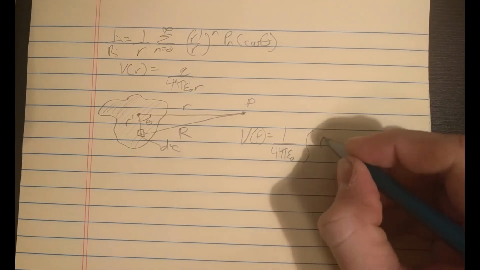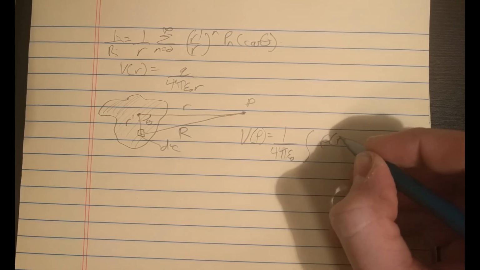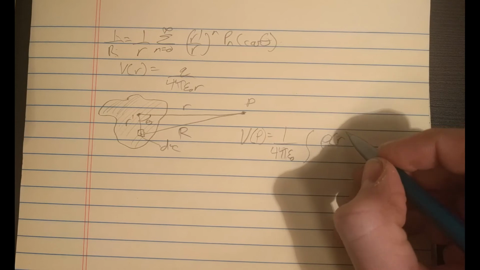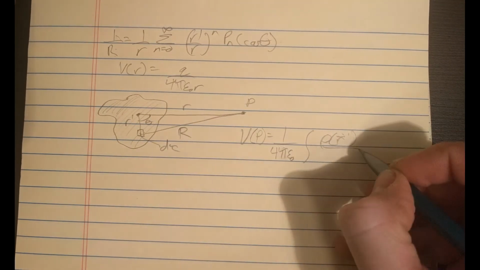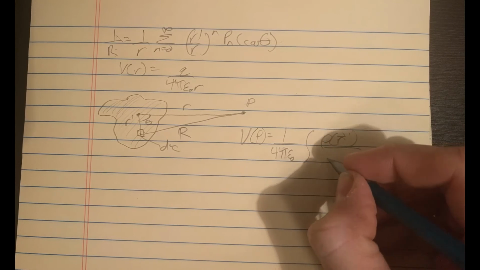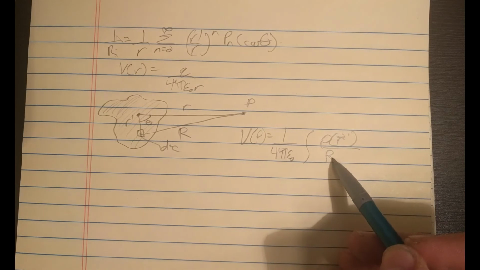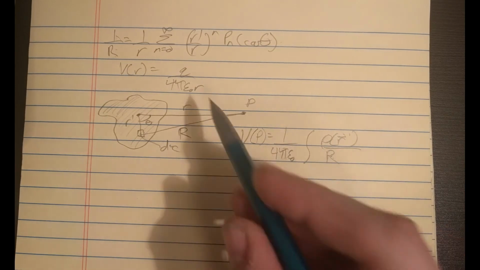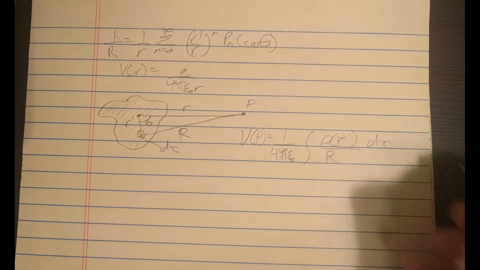And we're going to have a charge distribution, and it's going to be a function of this R prime position. And we're going to divide that by the big R. So the big R is synonymous to this little r in our point charge case. And we're going to have to integrate over all space.